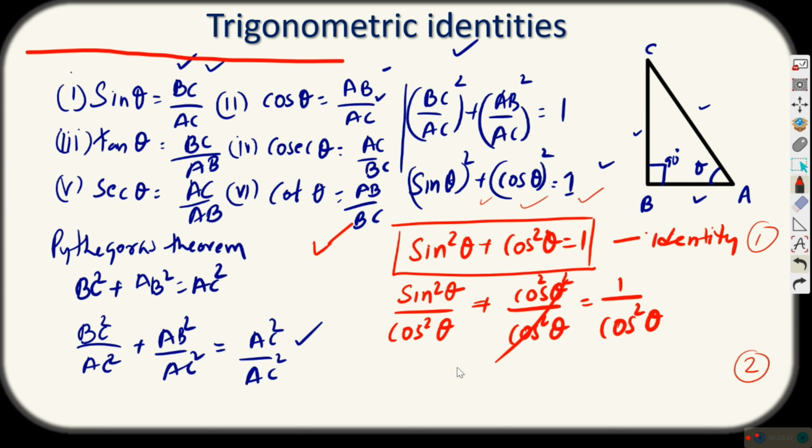Understood? So in the formal format, this will become tan square theta, this will become 1, and 1 upon cos is nothing but sec, so this will become sec square theta. So we developed a third one. We developed three identities now. Further identities you will develop in your own way as per the situation by applying principles of algebra.